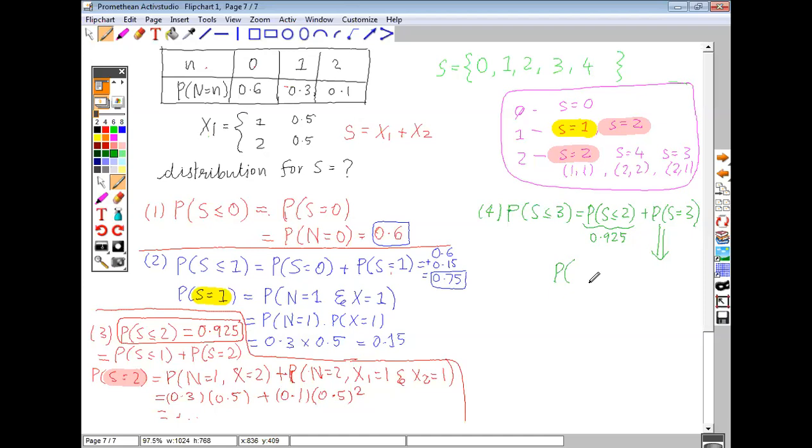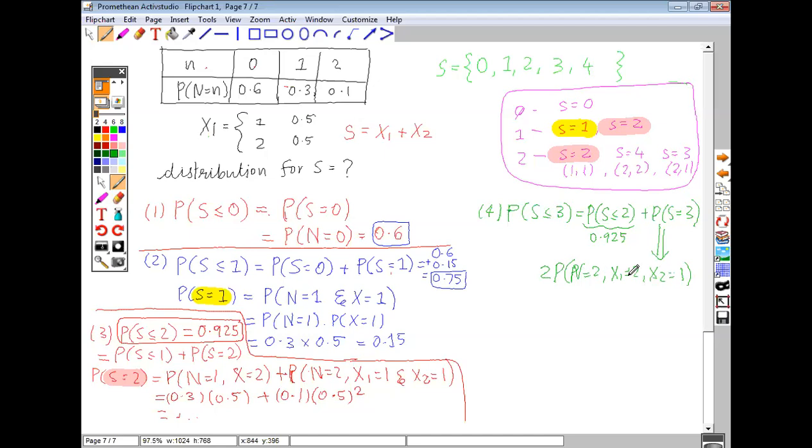Probability N is equal to 2, comma, X1 is 2 and X2 is 1. Yeah. Plus probability N is equal to 2 where X1 is 1 and X2 is 2, like the opposite. So yeah, the chance will be same, right? 0.5 squared.